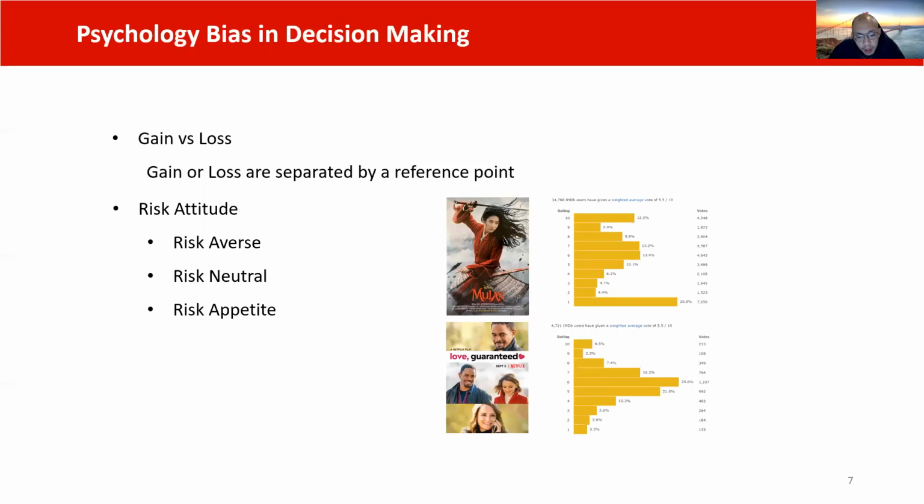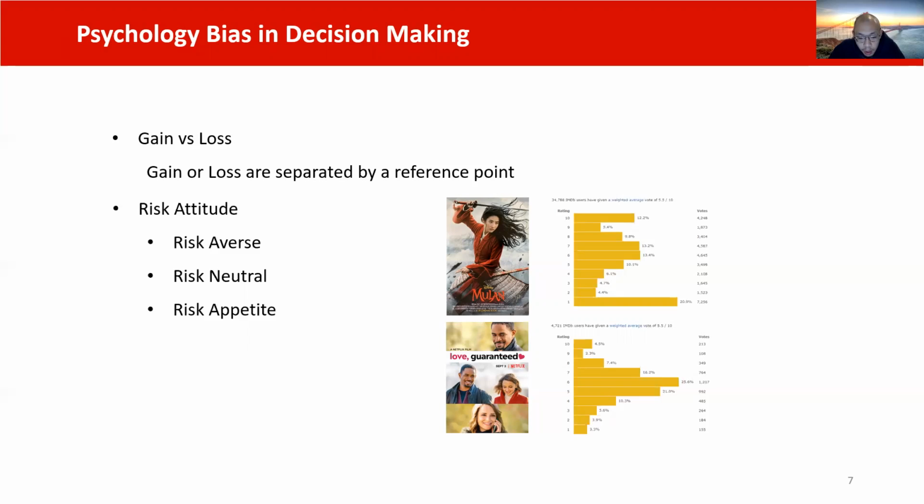Also, there exist psychological biases in the decision-making procedure. Often, the outcome of a decision can be divided into gain or loss. For the potential risk, different people hold different views. Let's consider this example.